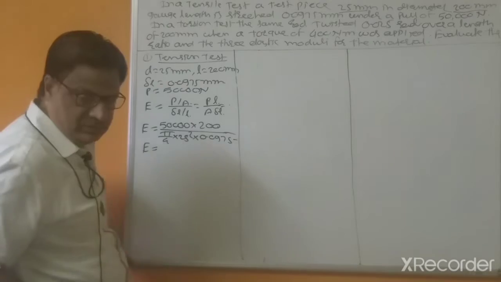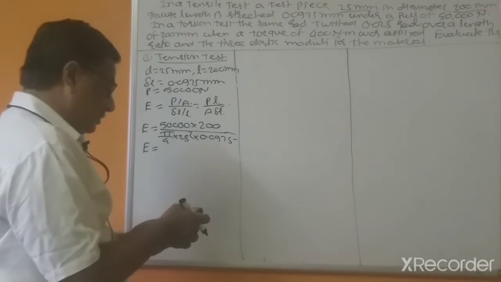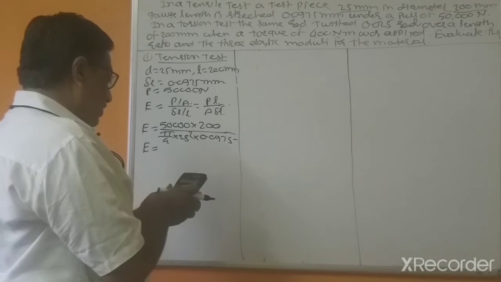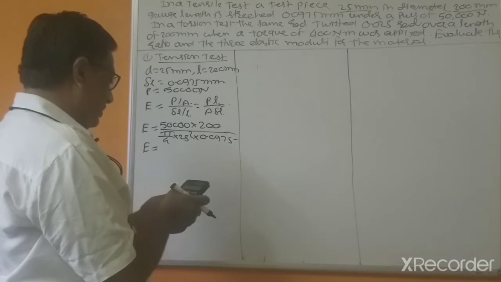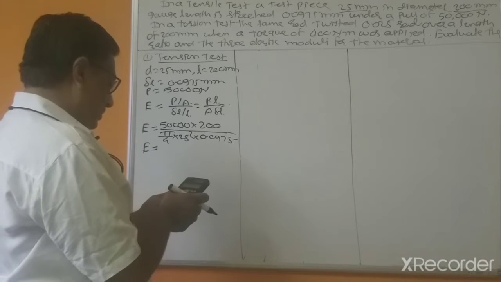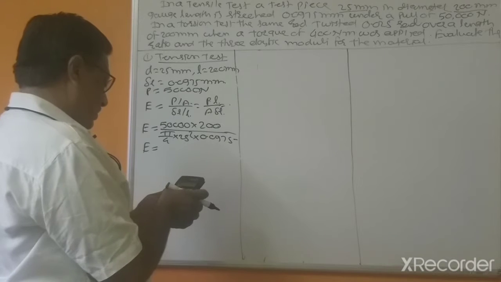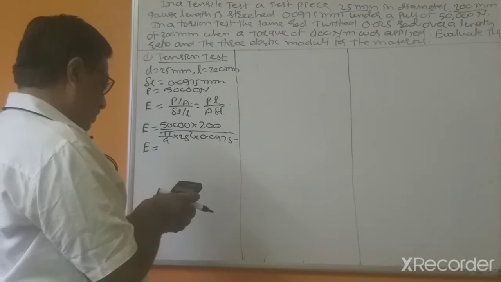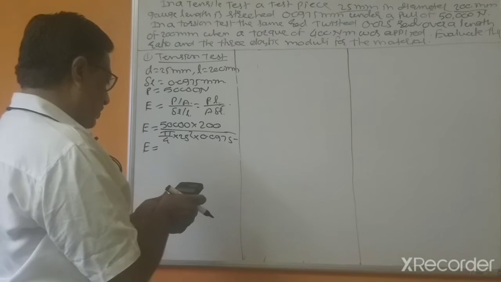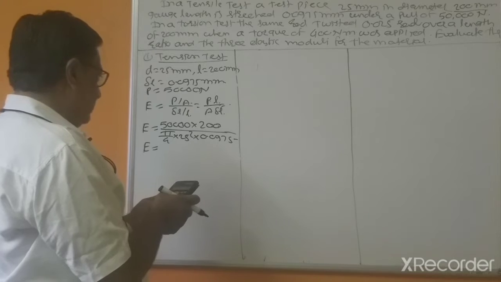E equal to 50,000 multiplied by 200 multiplied by 4 divided by pi, divided by 25 square divided by 0.0975.